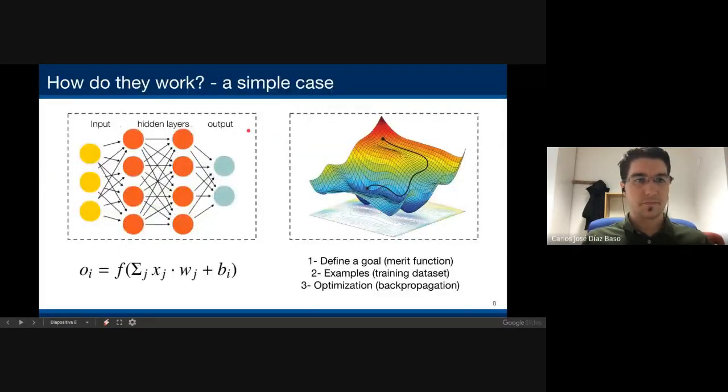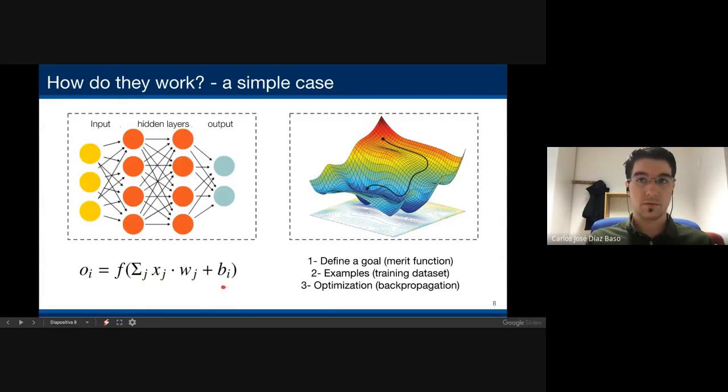So to understand the next examples, let's start summarizing a simple case. An artificial neural network is composed of several free parameters that modify the input to get an output. This transformation at each location is described by this formula.